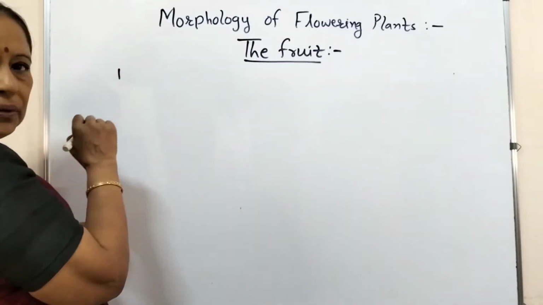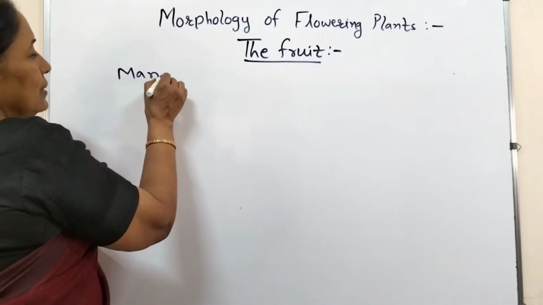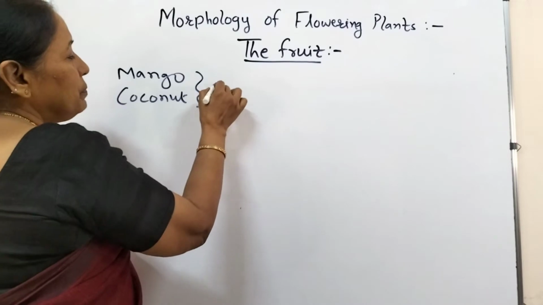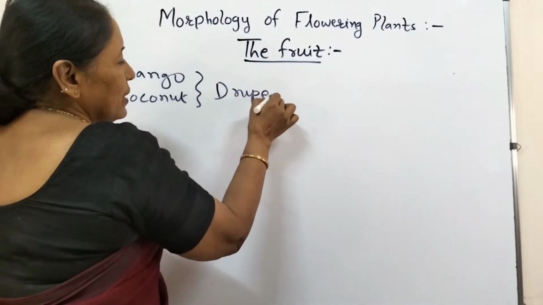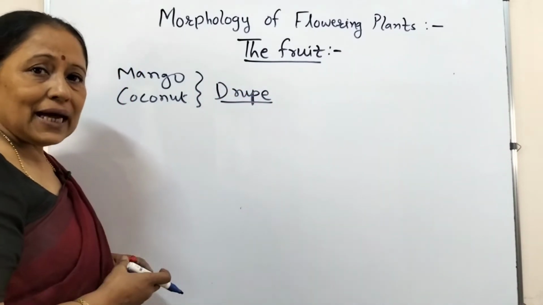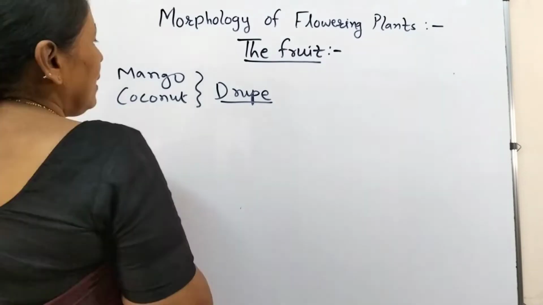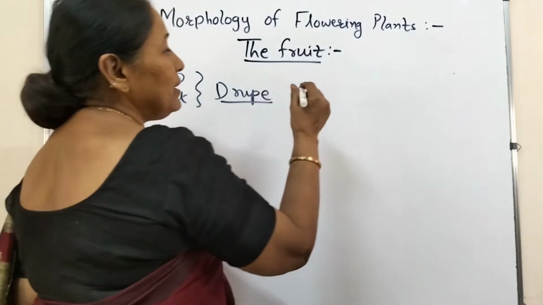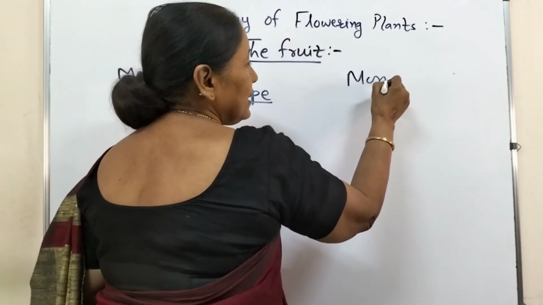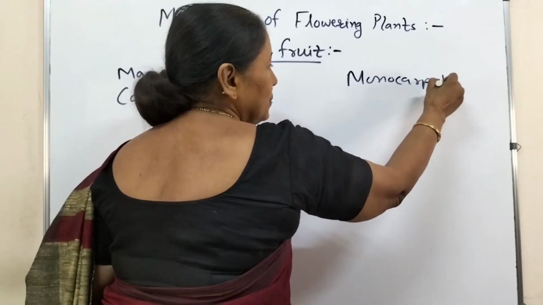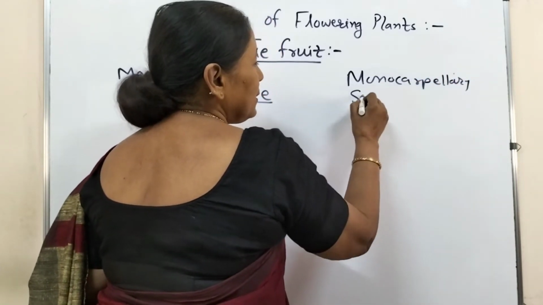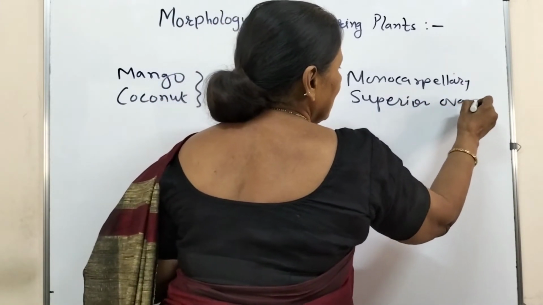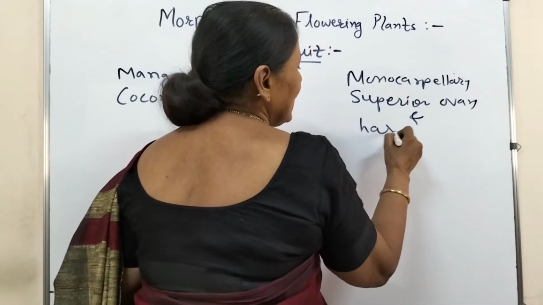Now this mango and the coconut, both are drupes. The fruits are of different types. One of them is drupe, and these mango and coconut fruits both are developed from monocarpellary superior ovary, and have one seed.